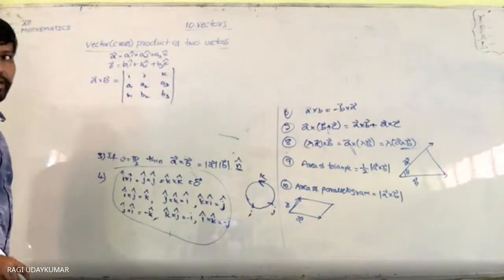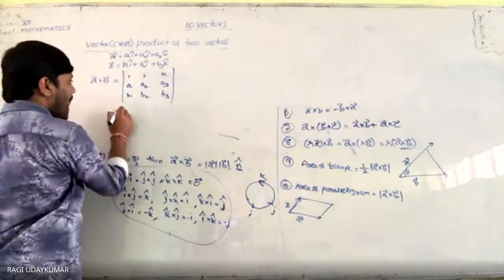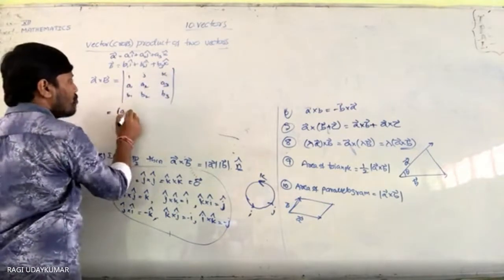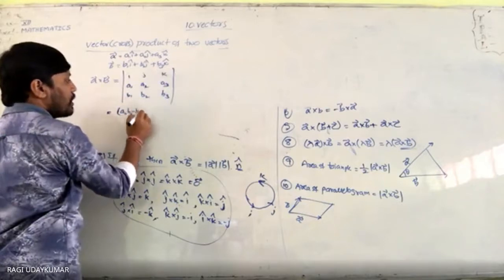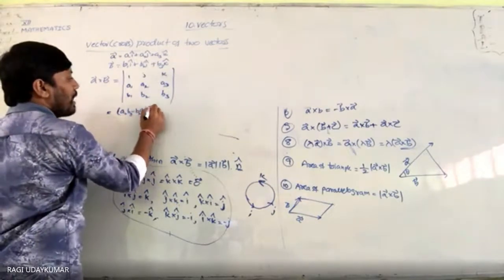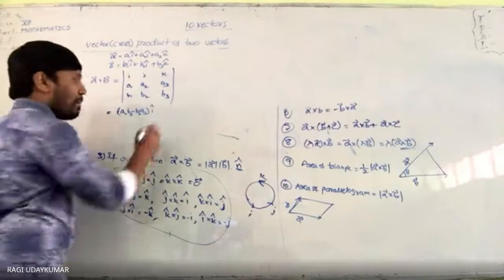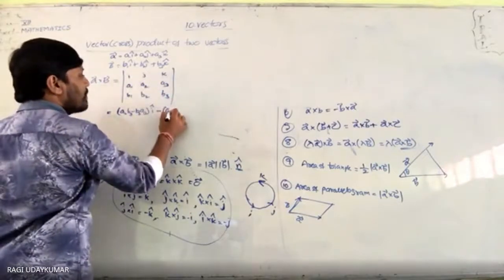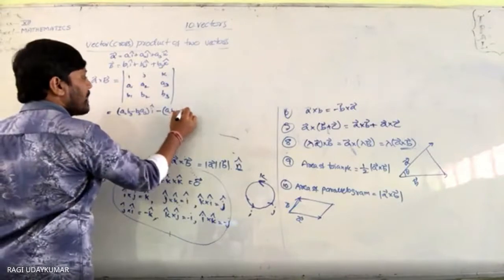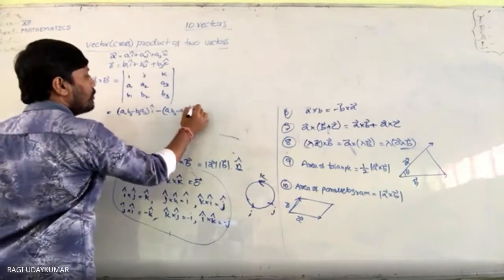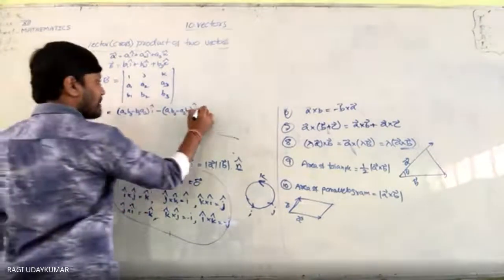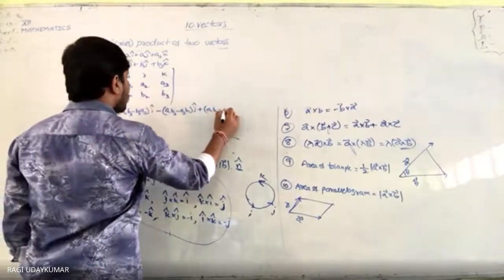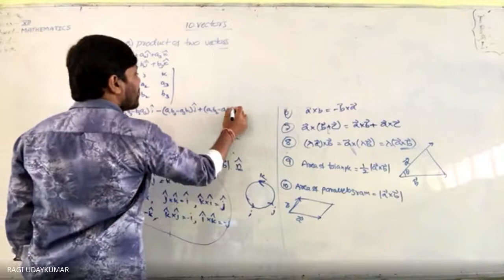Here, i into this: a2 b3 minus b2 a3 into i, minus a1 b3 minus a3 b1 into j, plus a1 b2 minus a2 b1 into k.